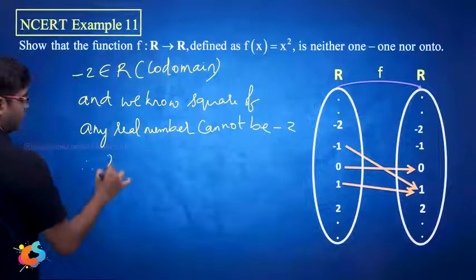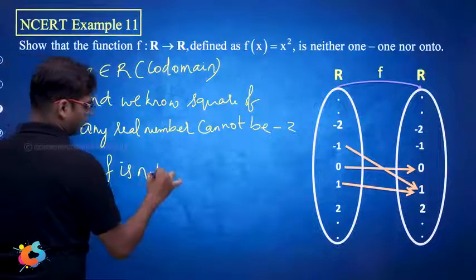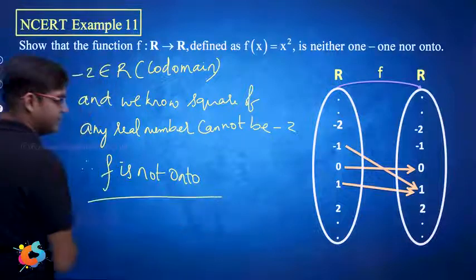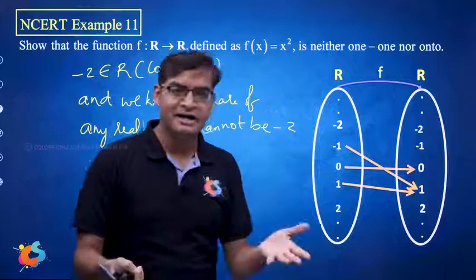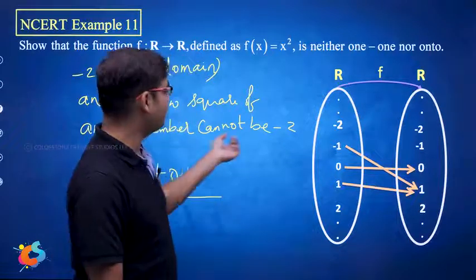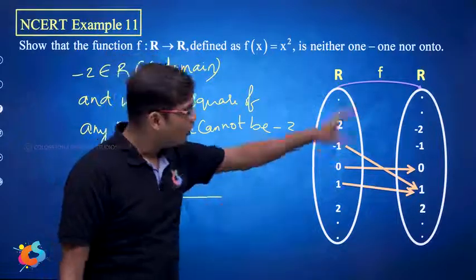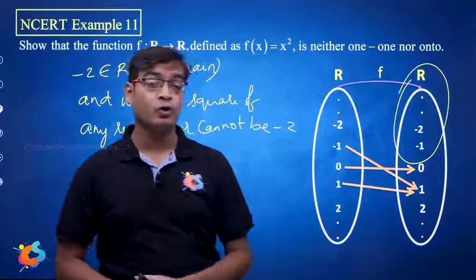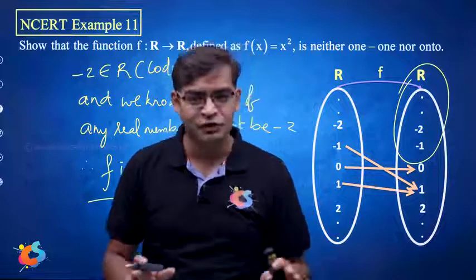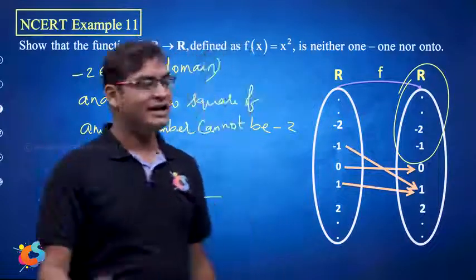So f is not onto. This is the way you write it. Ultimately, what you know is that the square of any real number will not be a negative number. That's what we have shown with one small example. All the negative numbers do not have any mapping. So codomain is not equal to range, and therefore this is not an onto function, right? So simple. Let us take the next question.